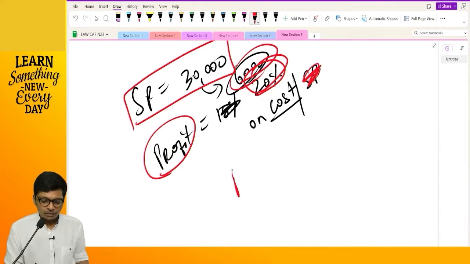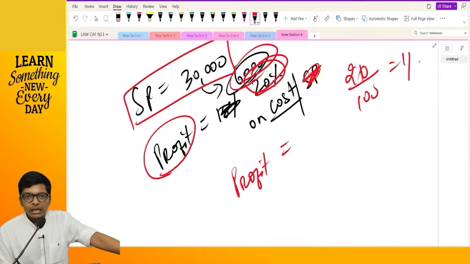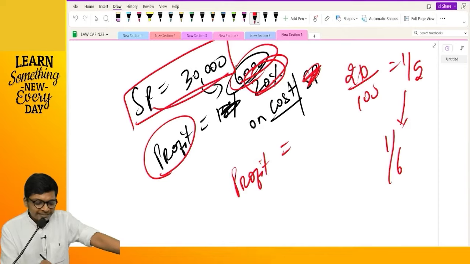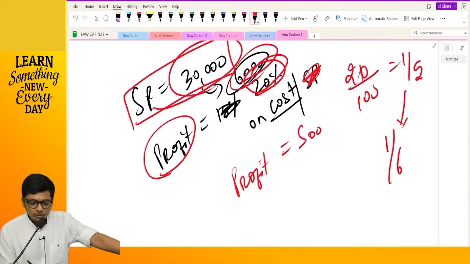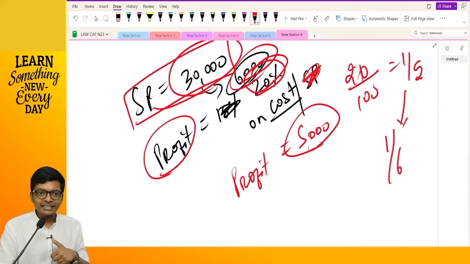How to find the profit? How, guys? Now you know it's 20% on cost, which is 20 by 100, that is 1 by 5 on cost. Therefore it becomes 1 by 6 on selling price. So 1 by 6 into 30,000 is how much? 5,000. Are you following? Are you understanding the logic, guys?